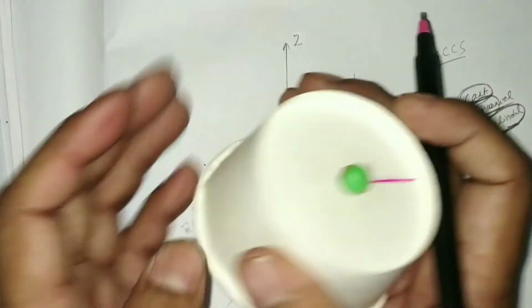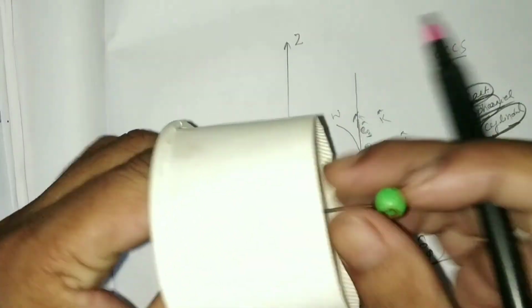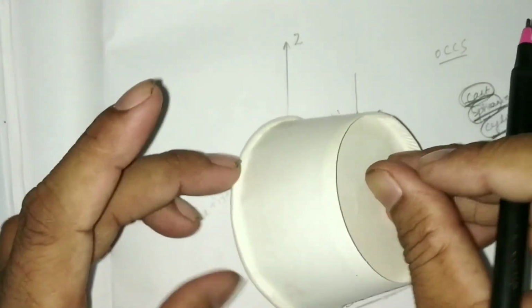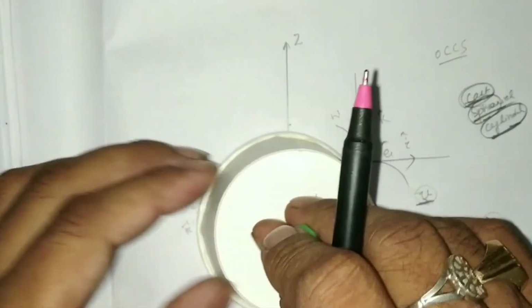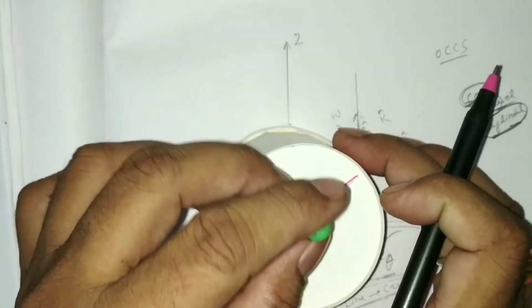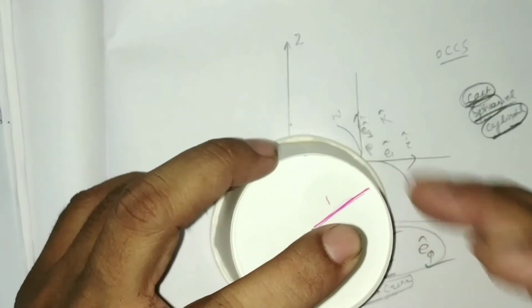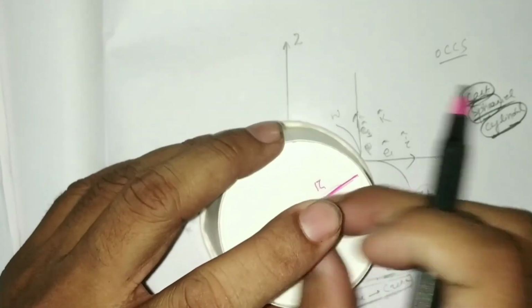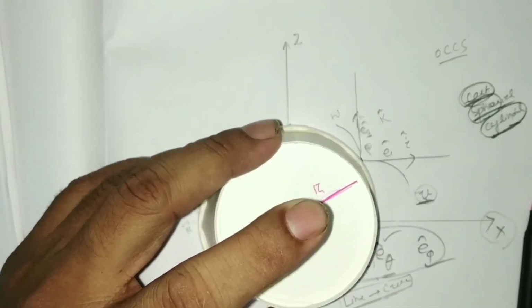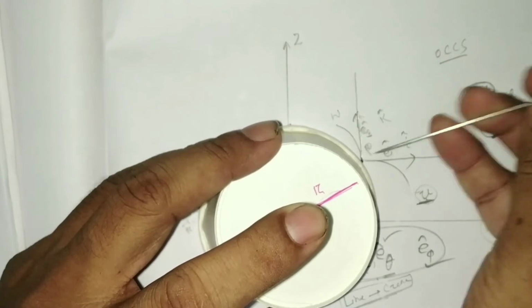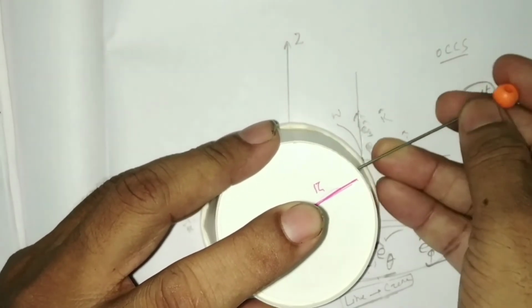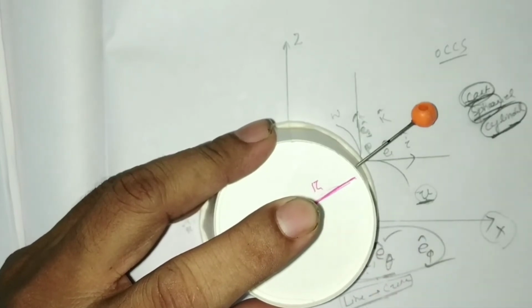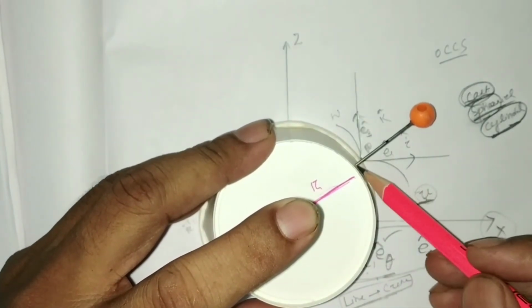So one parameter we need is the distance from this axis, or we can consider one curve itself, which passes through this point, and from the axis to this point, what will be the distance.